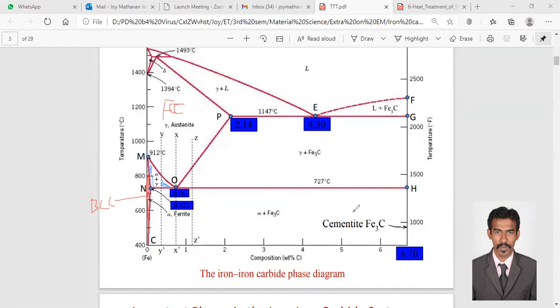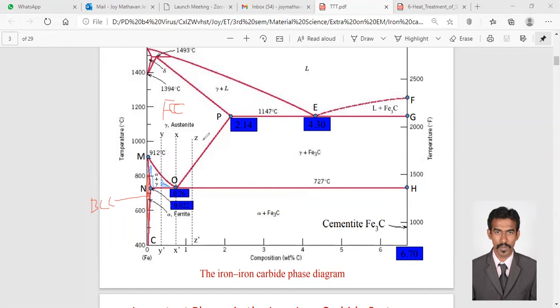Now we will complete all these phases and temperatures. Here the gamma austenite, and this is alpha plus gamma. Now again, here we have Fe3C. This region we have gamma, that is austenite.